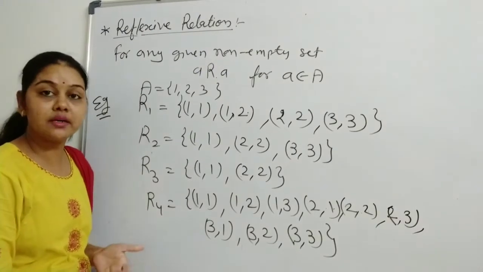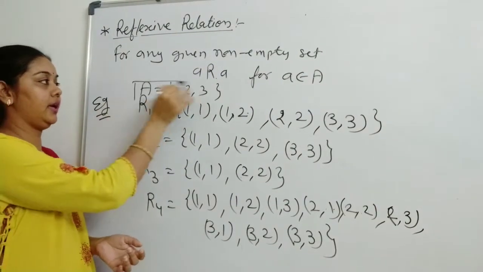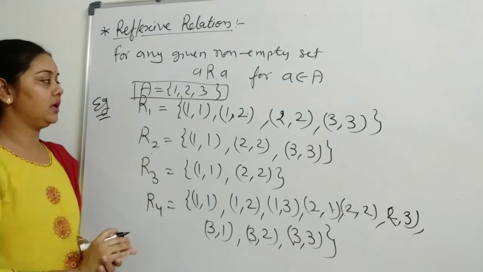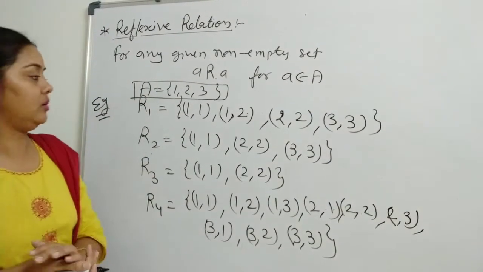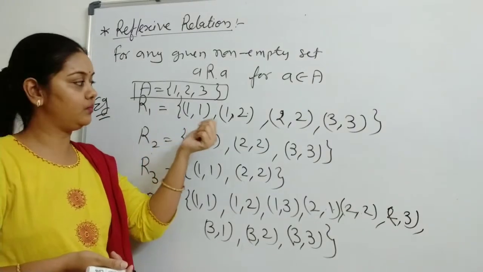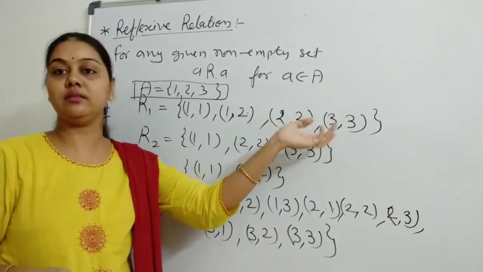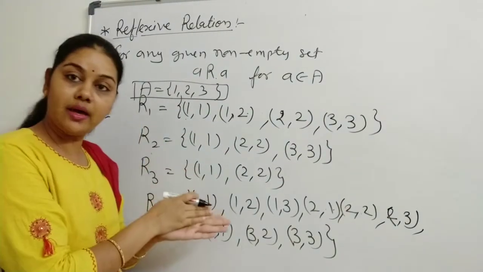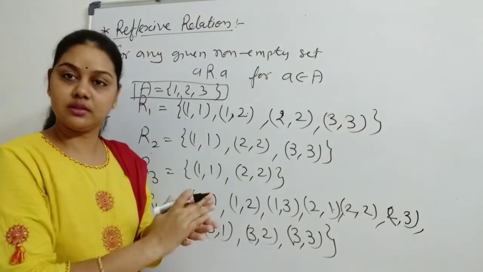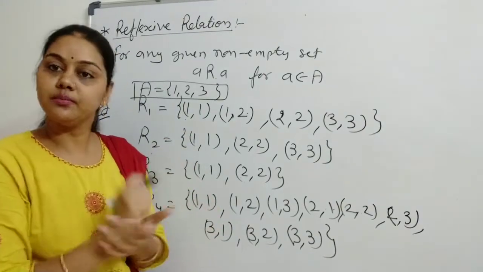Now, look here. I am given a set A with elements 1, 2 and 3. In the first relation, I have (1,1), (2,2) and (3,3). All the elements of A are related with themselves.